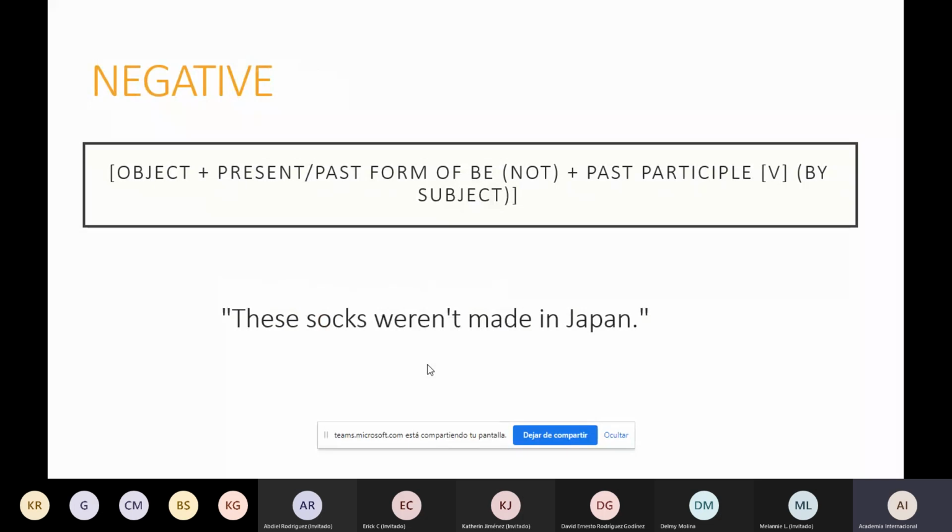Okay, entonces siempre va a ir, no va a ir como "these socks not were made in Japan" o "these socks were made not in Japan". La estructura nos dice que siempre the negative form goes with the verb be.